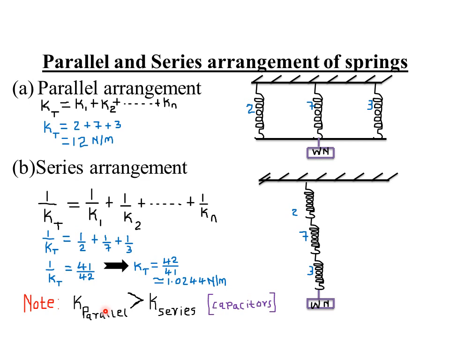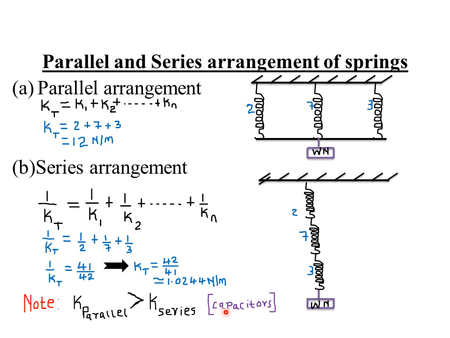Explain how he could obtain the largest possible value of the total spring constant. The answer will be by arranging the springs in parallel. Somebody can also ask you how you can reduce the effective or the total spring constant of springs. The answer will be by arranging such springs in series.